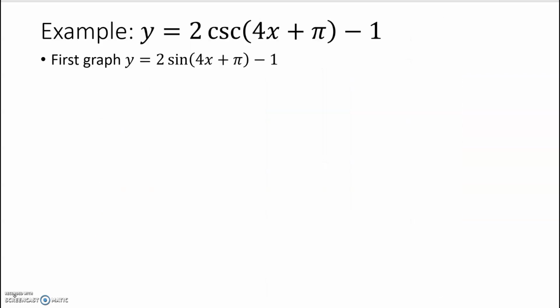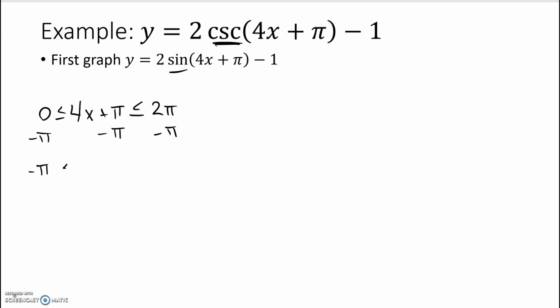Okay, so let's look at y is equal to 2 cosecant of 4x plus pi minus 1. So we need to take cosecant here and we need to plot the reciprocal, which is sine. So we're going to take what's in the parentheses and put that between 0 and 2 pi. Then I'm going to subtract pi from each term here.